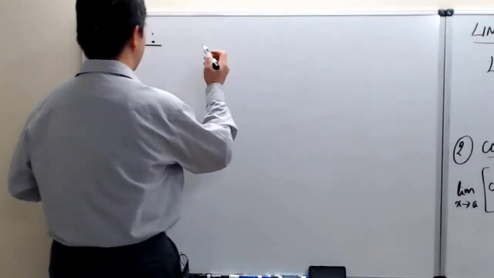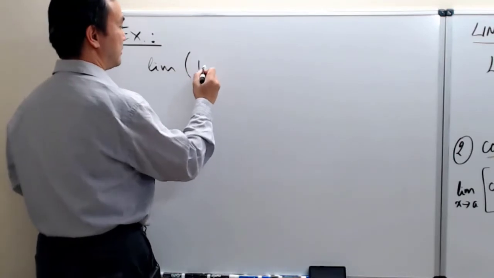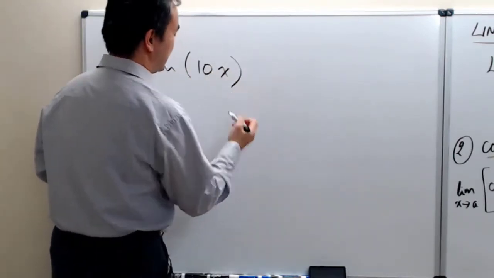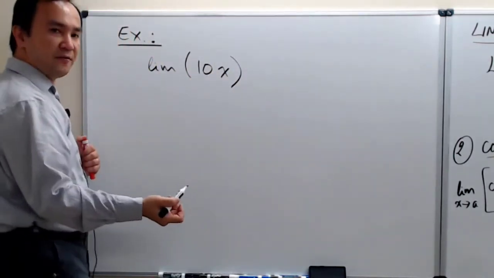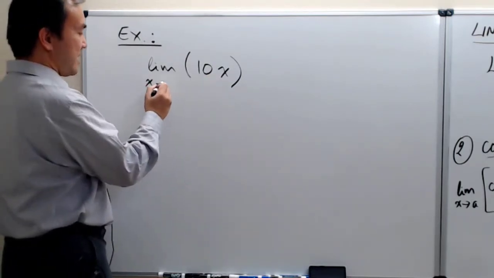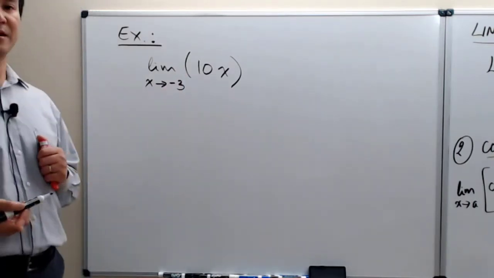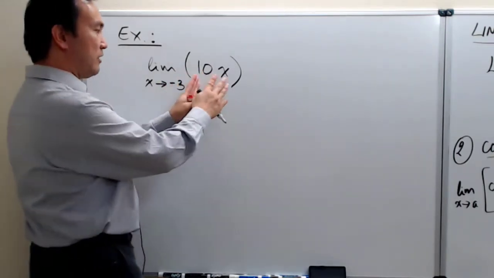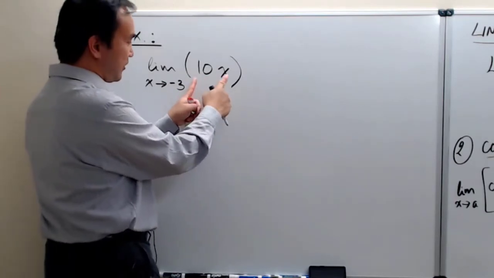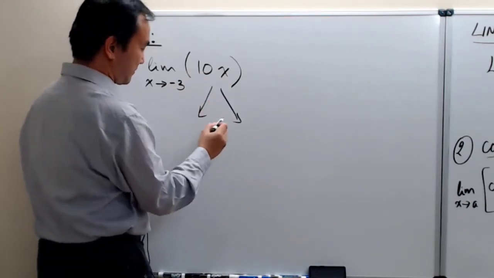How about, let's say we want to find the limit of the function 10x. So 10x is our current function right now. Let's say we want to find the limit of 10x as we let x get close to, how about -3? What I realized about this function 10x is that it allowed me to do a little bit of tearing down work.